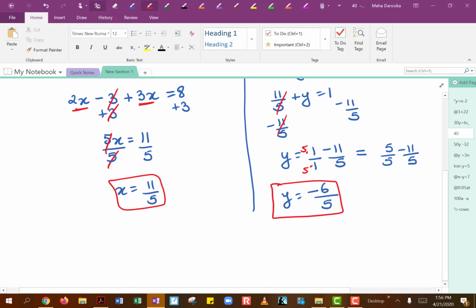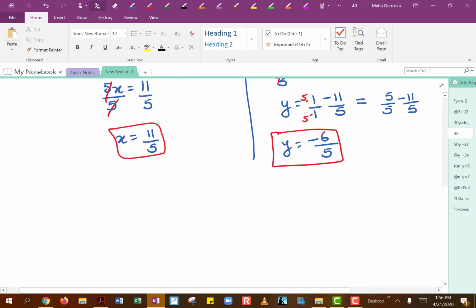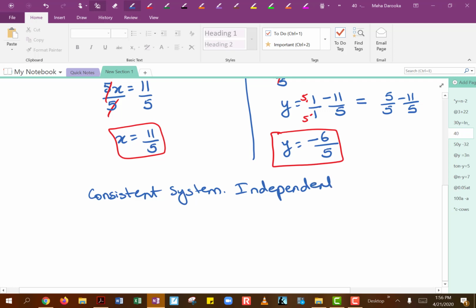So that's telling us that we have a consistent system with independent equations, and we have exactly one solution. So our solution set is going to be the ordered pair, where our x is 11 over 5, y is negative 6 over 5.